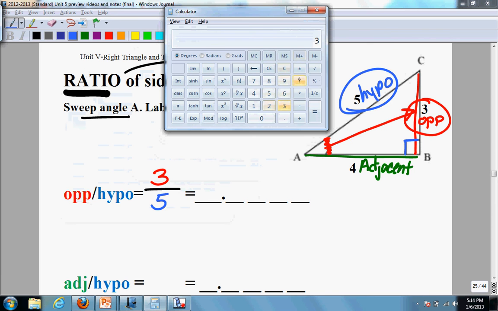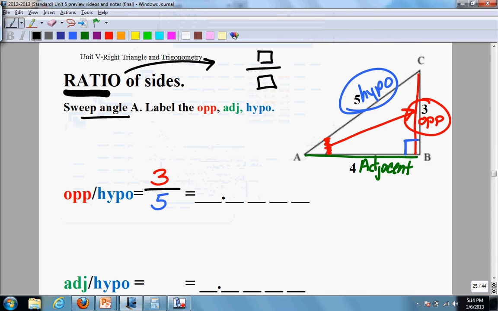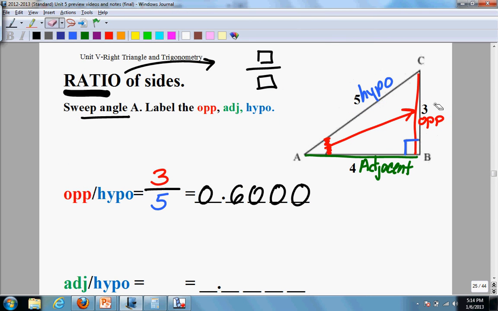So we're going to go 3 divided by 5, and I'd like you to take it to the 4th decimal place. That's 0.6, so it's going to come out as 0.6000. That's 1 ratio. Opposite over hypo. I'd like you to put here OH. Opposite over hypo.